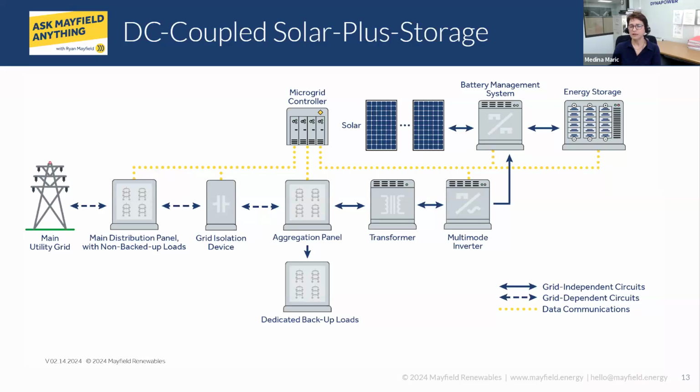Lately the voltages on those battery storages have been going up, and we've seen a lot of requirements for 800 volts, and the DC voltage from a PV does not necessarily have to be on the same level. So there is a need for that DC to DC coupling and conversion system.